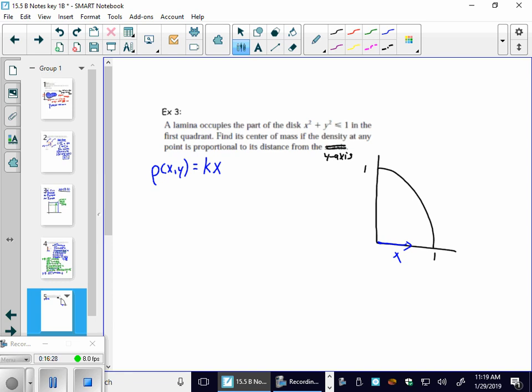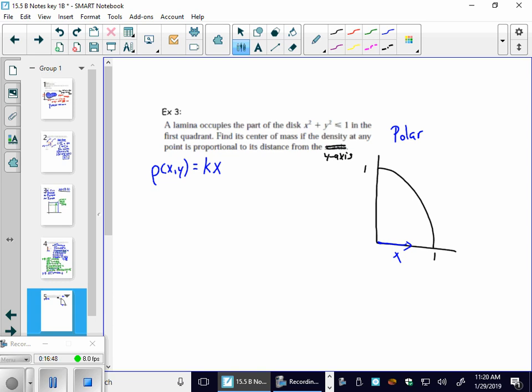So this is a portion of a circle. We could certainly use y equals the positive square root of 1 minus x squared. It seems to me, however, this would be much, much easier to do in polar because it's a portion of a circle.